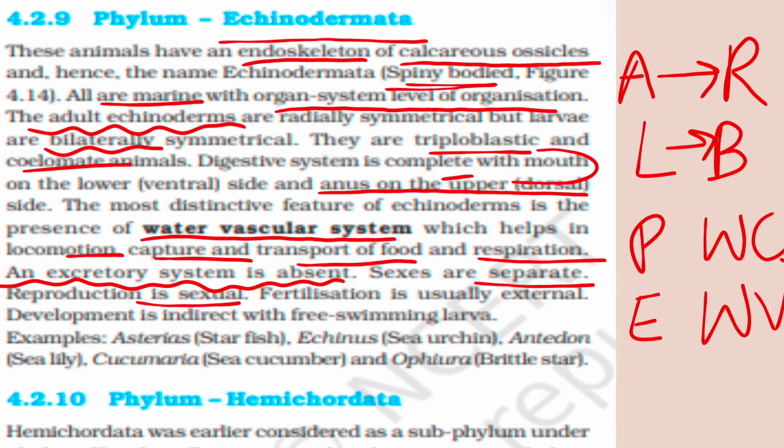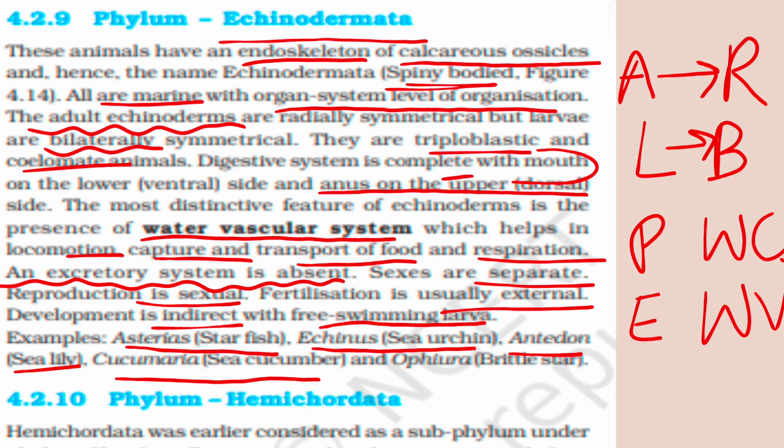Reproduction is sexual. Fertilization is usually external. Development is indirect with free swimming larvae. Examples are Asterias, starfish, Echinus, sea urchin, Antedon, sea lily, Cucumaria, sea cucumber, Ophiura, brittle star.